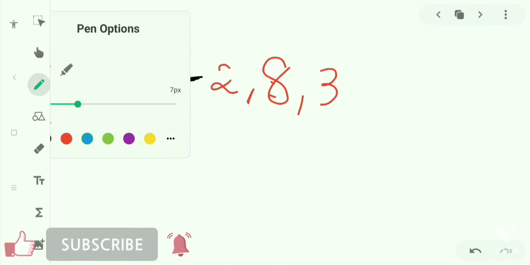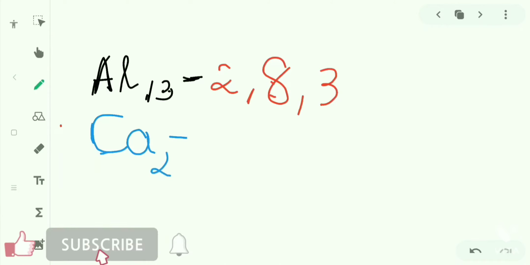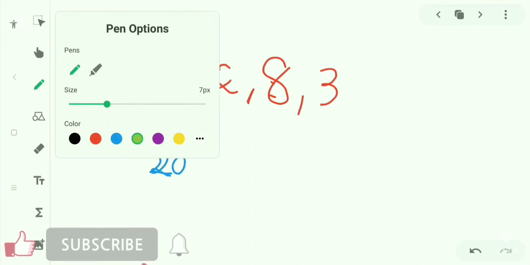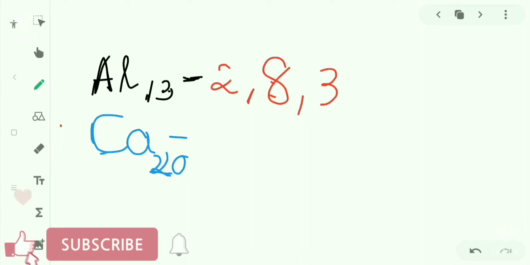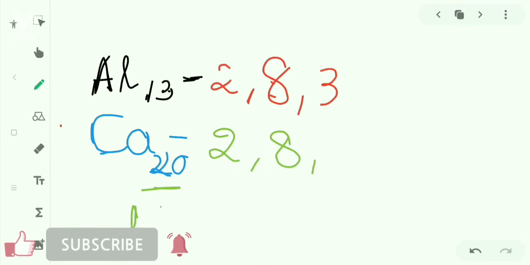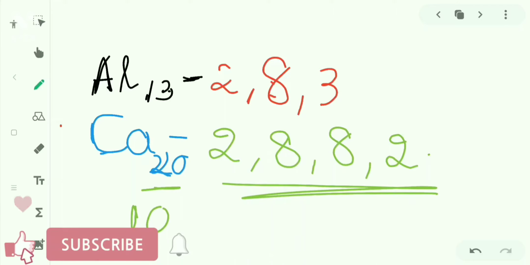Calcium's atomic number is 20. Now if you write the number of electrons in the shells, 2, 8, and since 20 is there, 10 more electrons remain. So 8, then 2. Did you understand how to write it?